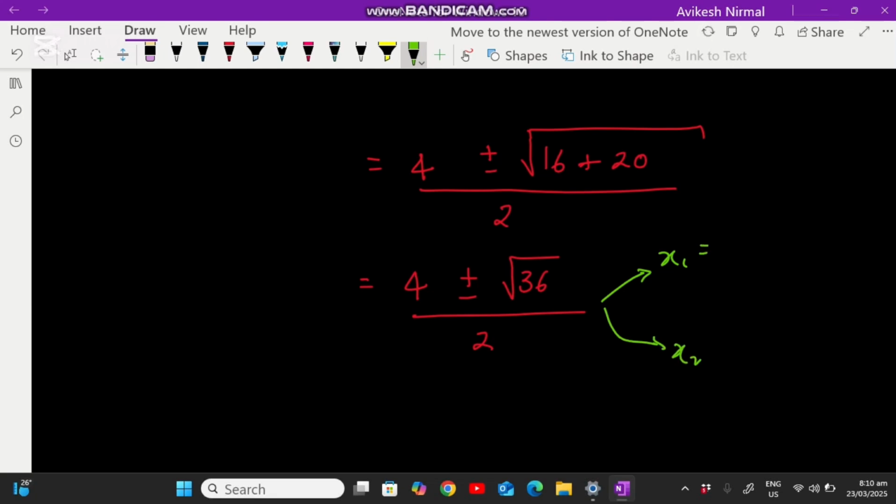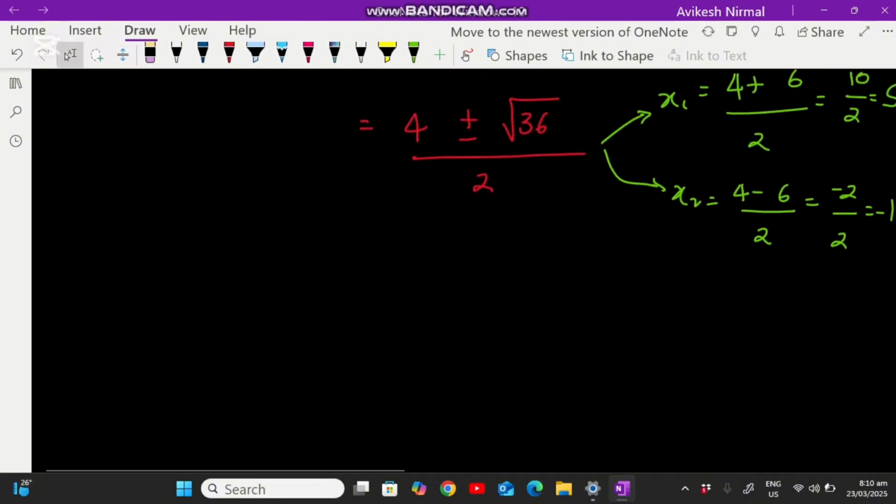So x1 is basically 4 plus square root of 36 is 6, divided by 2, which is 4 plus 6 is 10, and 10 divided by 2 is 5. x2 is 4 minus 6, and whole thing is divided by 2, 4 minus 6 is minus 2, divide by a positive will give you a minus 1. Okay, so these are my x values.